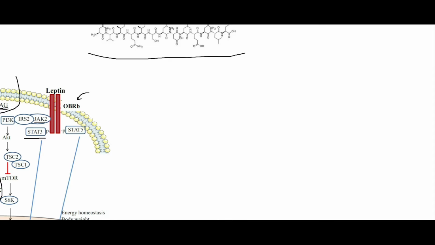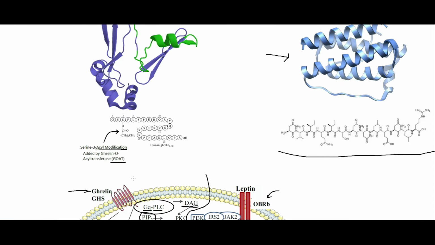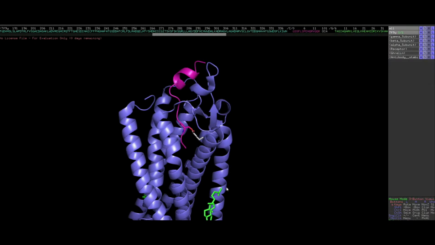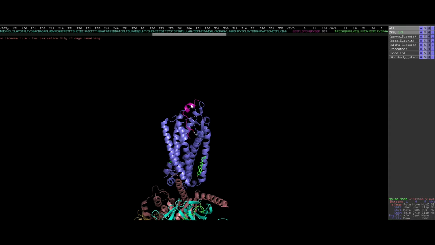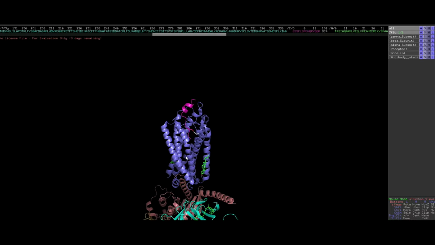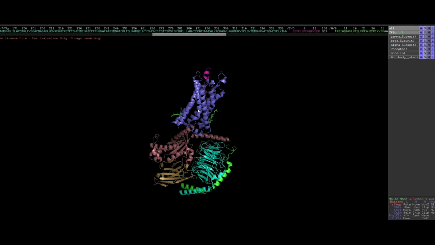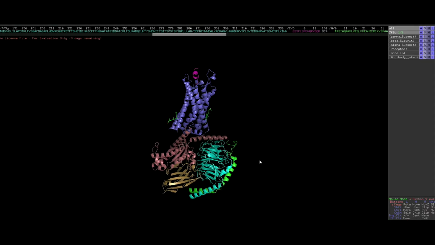So there was also something I wanted to talk about, because I have a structure here for the ghrelin receptor. And so what we can see here in magenta is actually the ghrelin peptide, and then in this sort of more bluish purple is the actual receptor here. And if we look down further here, we see the G protein.